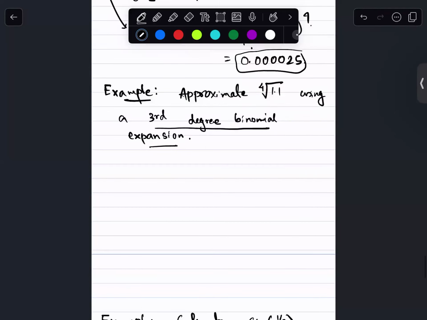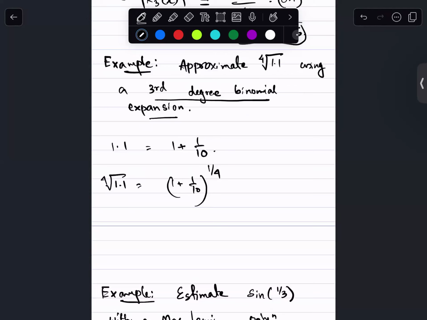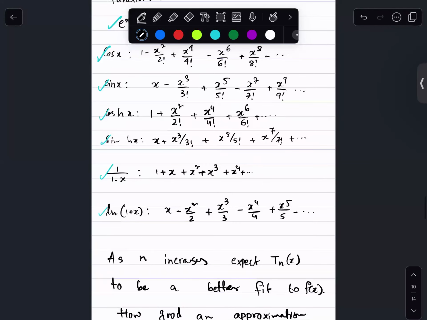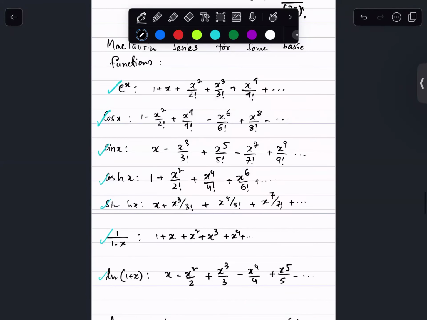So what is 1.1? 1.1 is 1 plus 1/10, right? So the fourth root of 1.1 is just 1 plus 1/10 to the power 1/4. Again, remember there is one formula.